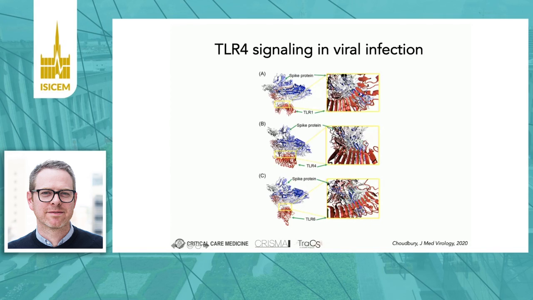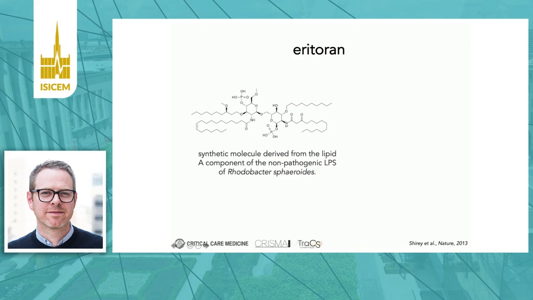And of course, I'm not a virologist or immunologist. So forgive my naivete with some of this, but there's been this interesting hypothesis generating work looking at the structure of the spike protein on the coronavirus and seeing how it may or may not interact with TLR4 and propose that it actually could.